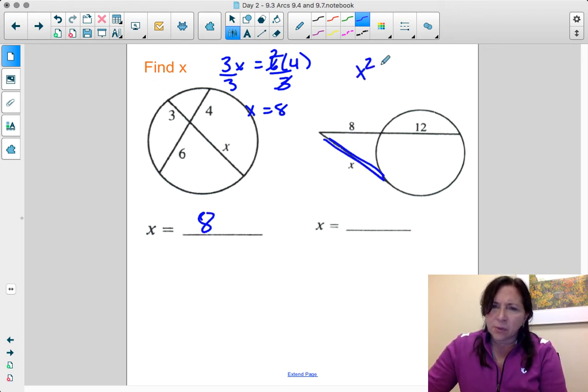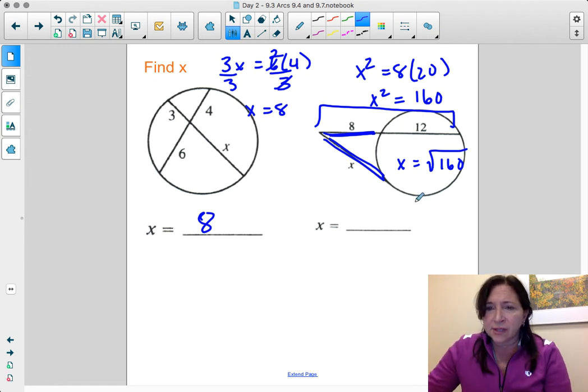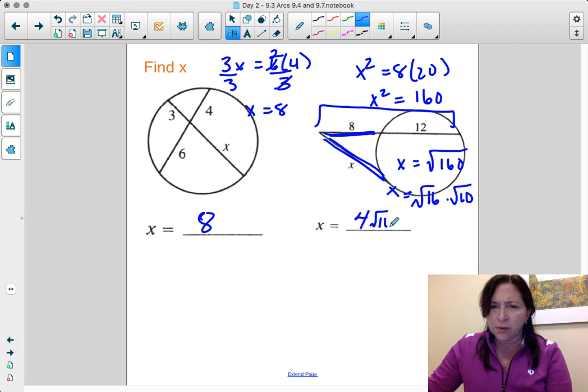So we have x squared is equal to the outside 8 times the sum 20. So we have x squared is equal to 160. x is equal to the square root of 160, which let's reduce and let's make that root 16 times root 10. Square root of 16 is 4, so this will be 4 root 10.